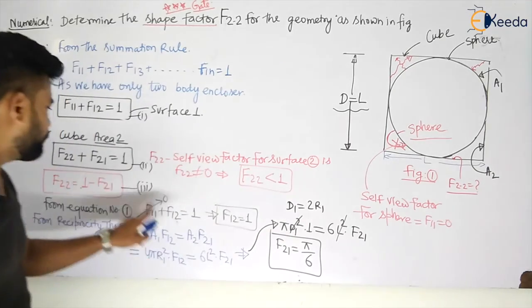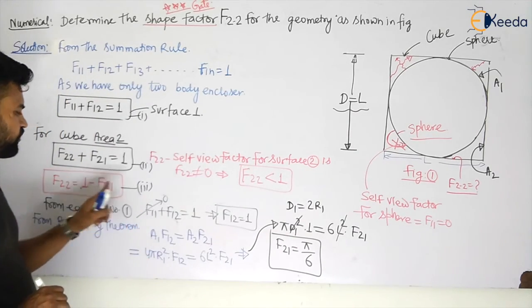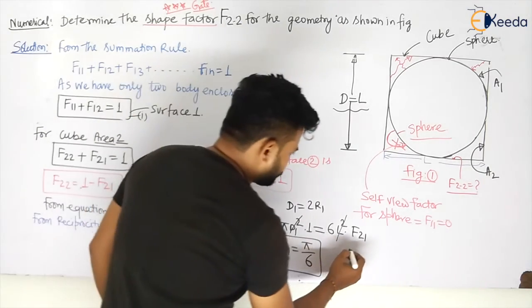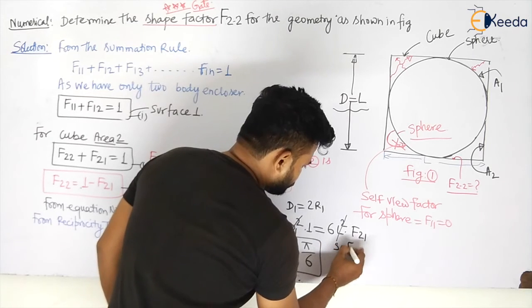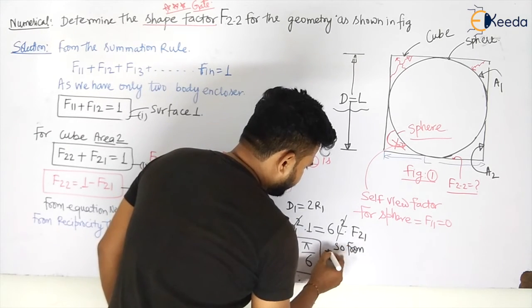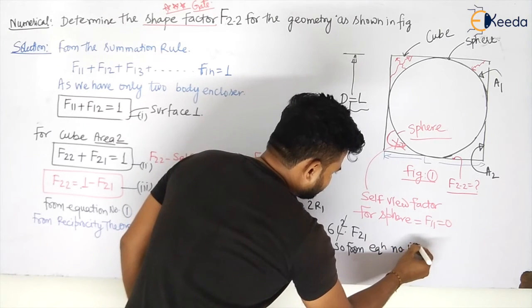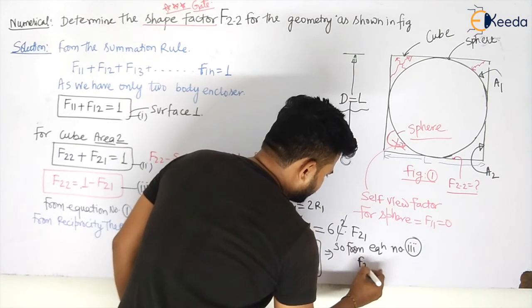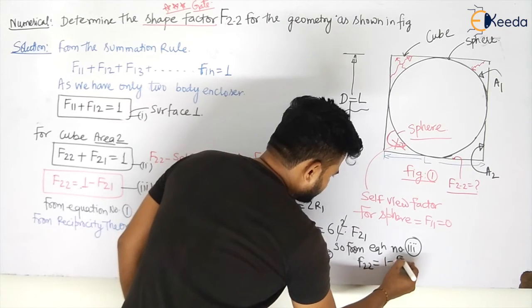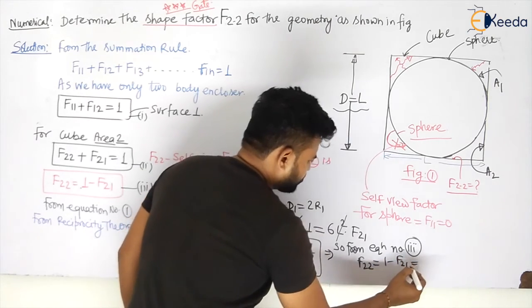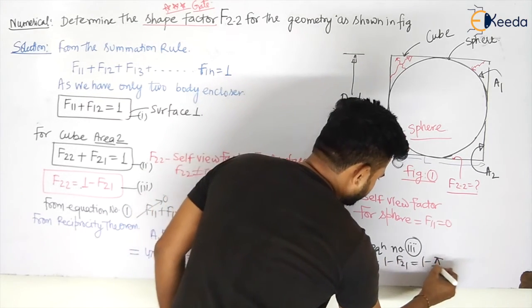And from equation number 3 we can easily calculate F22. So from equation number 3, F22 will be 1 minus F21, which is equal to 1 minus pi by 6.